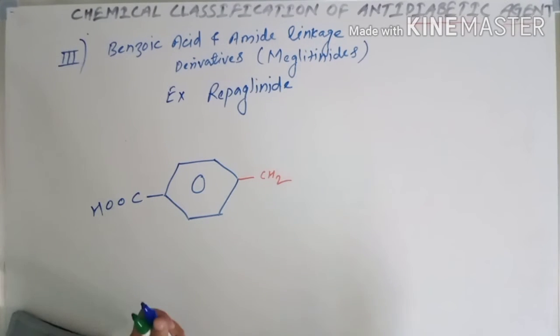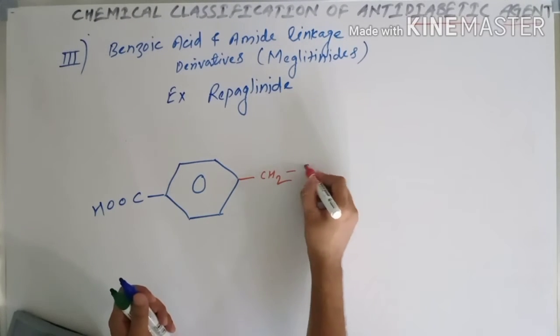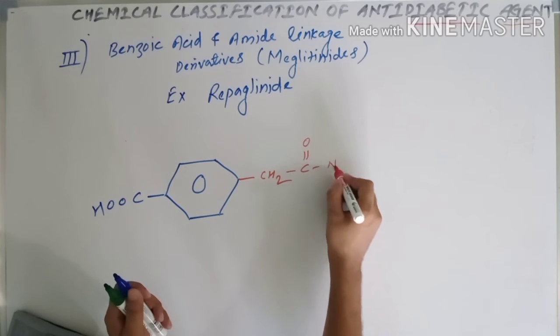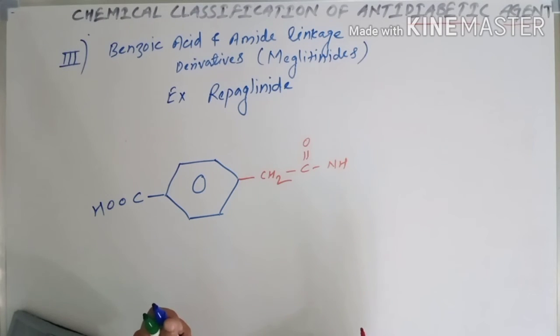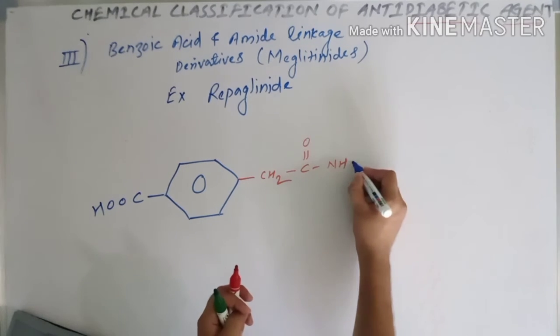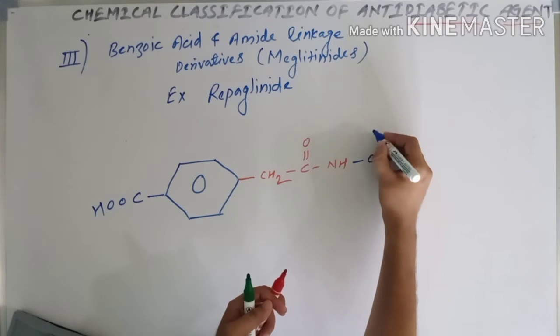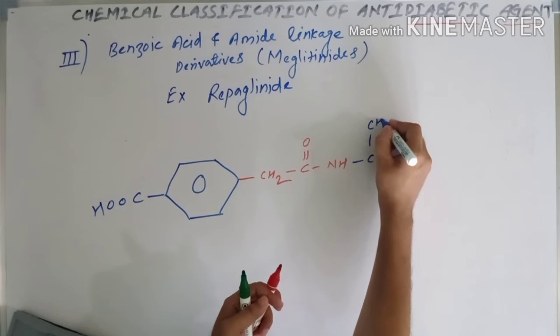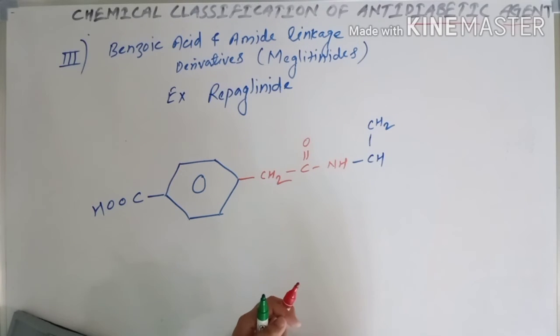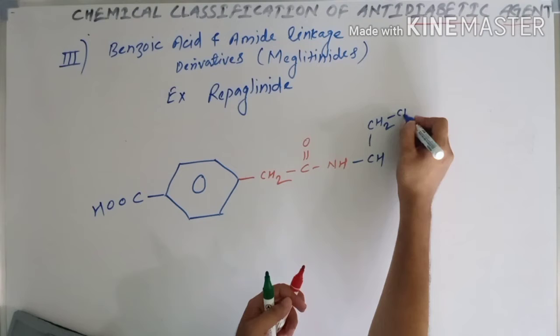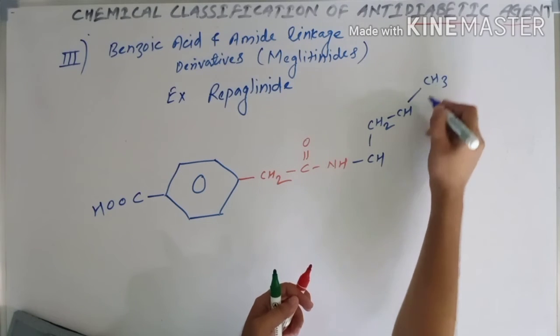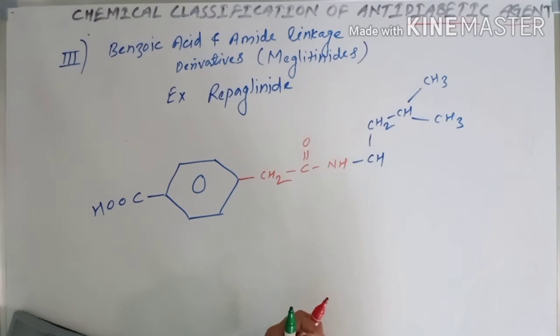So CH2, C double bond O, and NH. This is your amide linkage. Now we have to memorize the remaining structure. Here a CH group is there, and on this CH there is again CH2, then CH, then CH3, then CH3.